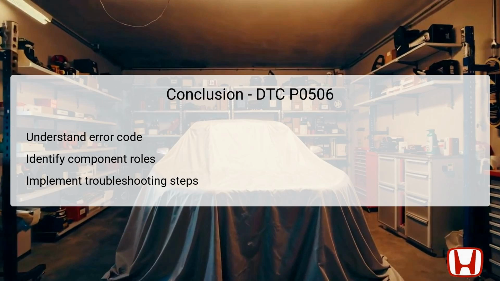Through systematic troubleshooting steps, technicians can efficiently identify the source of the issue and implement necessary repairs. By adhering to preventive maintenance practices, drivers can also reduce the likelihood of encountering issues related to idle speed control in the future. Being vigilant and well-informed about these aspects can significantly enhance vehicle reliability and performance.